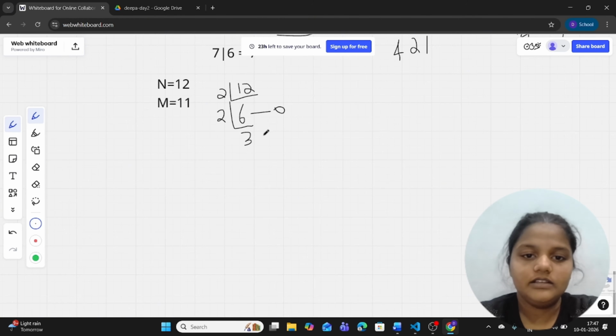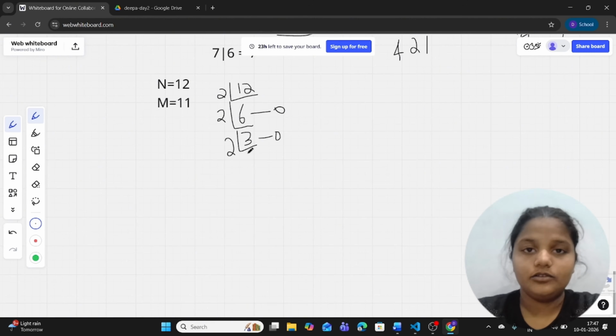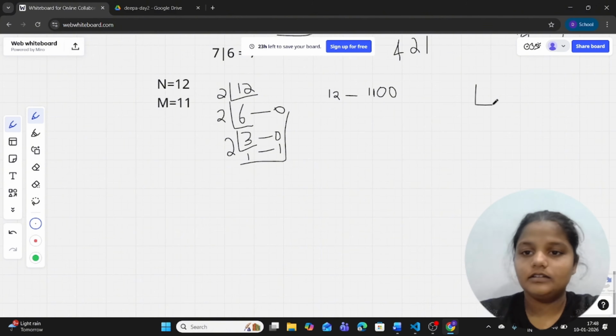Then 2 threes are 6, the remainder is 0. Then 2 ones are 2, the remainder is 1. We want to look from down to up. Then for 12, our binary value is 1100.